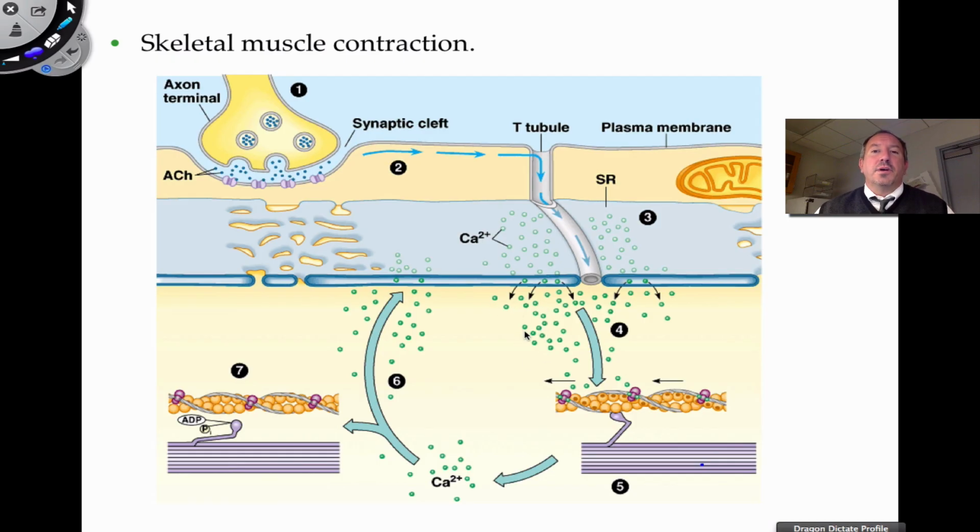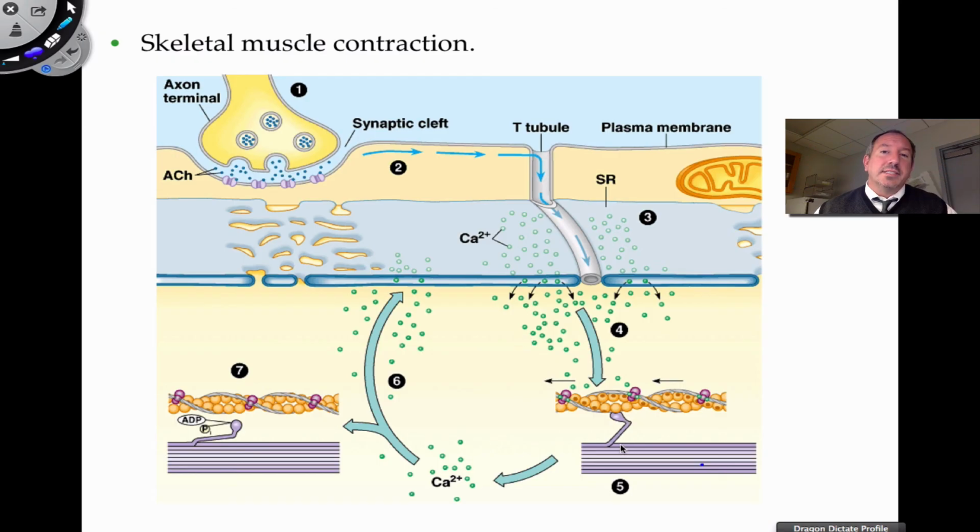I don't want to excuse myself from explaining this, but there's another video I've produced on muscle contraction, and I kindly suggest that you watch that video, because I'm not going to go into the detail of this, but it's really cool. I'll just touch on it briefly.